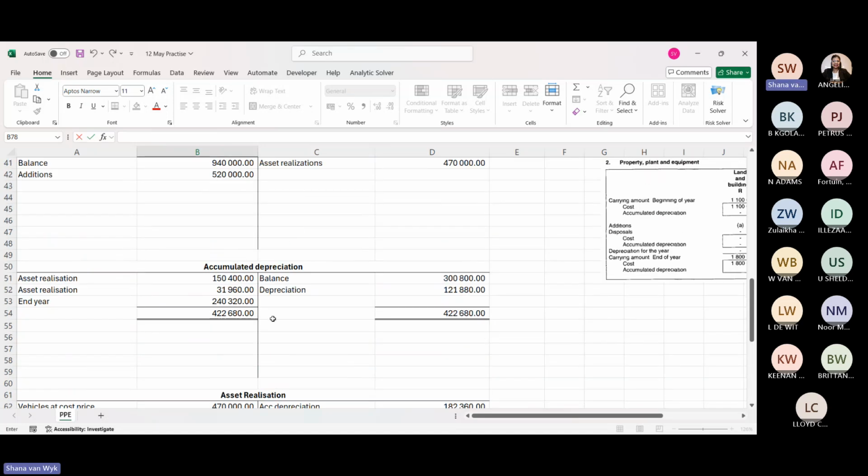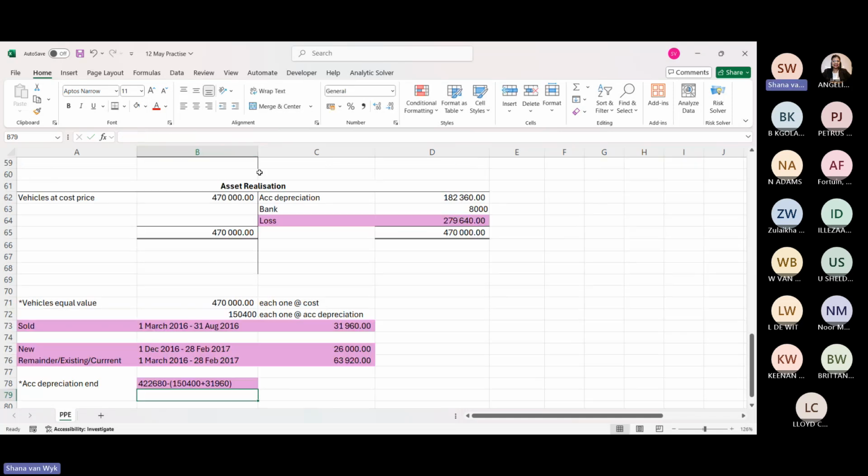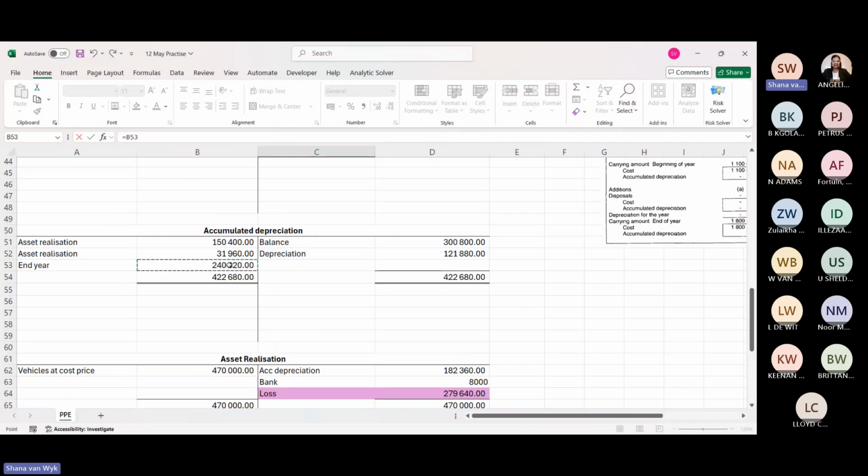Okay, so then we have our accumulated 680 minus, which is this one.